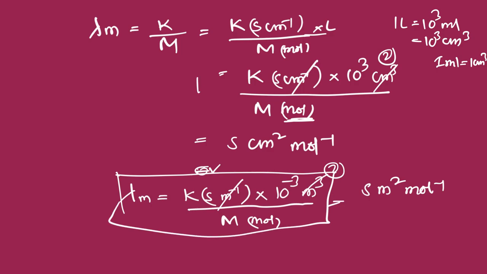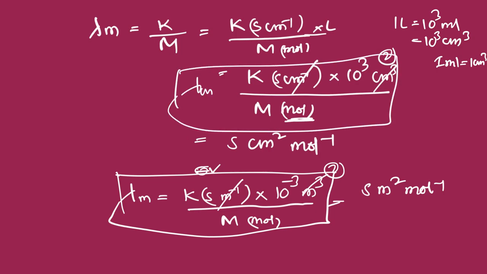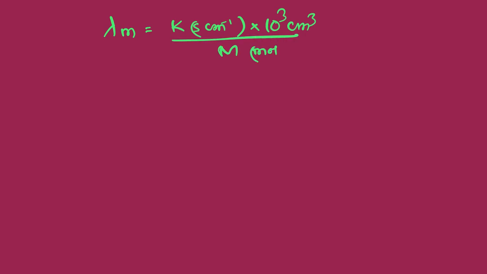This formula is generally present in all books, because in centimeter cube, 10 power 3 is there, and 10 power minus 3 corresponds to meter cube. You have to remember this carefully. So finally, once again, lambda m is equal to k Siemens centimeter inverse into 10 power 3 centimeter cube by molarity in mole.